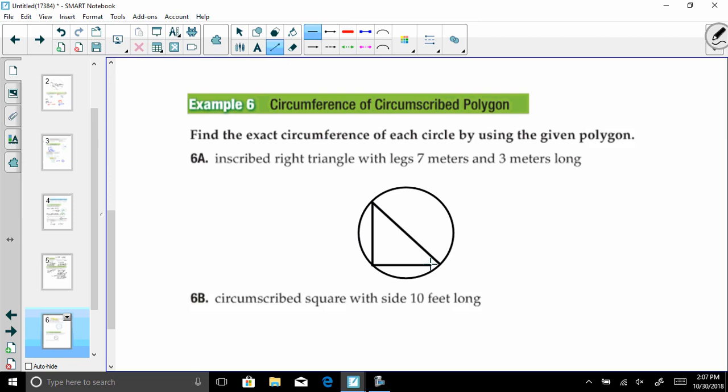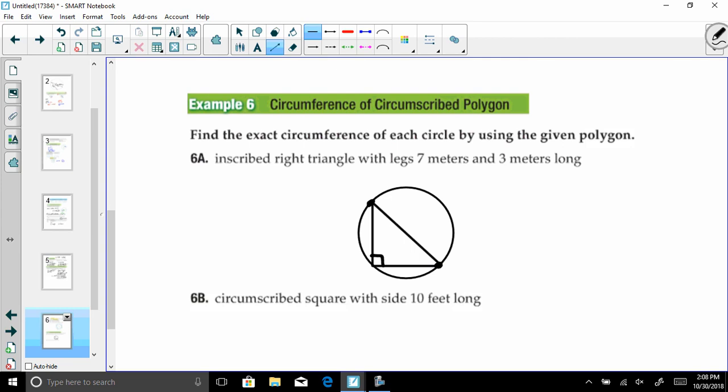This just comes from the fact that this inscribed angle, if you recall all the way back to 10.1, I know it's been a while, if an angle in a triangle intersects a diameter, that makes it a right angle.